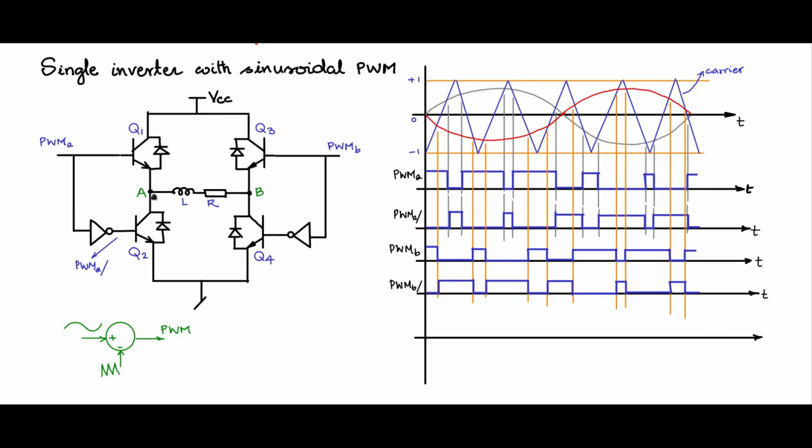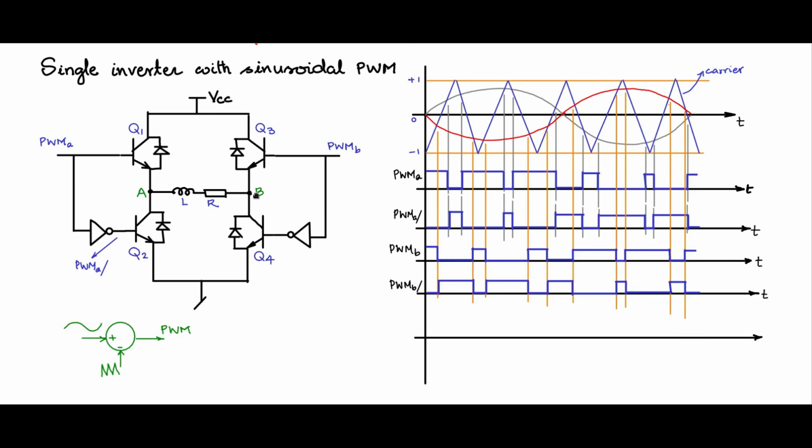If you look at the potential at A, if Q1 is on, this is VCC connected here. If Q2 is on, A is connected to ground. So this potential VA with respect to ground swings VCC to 0. Which will be something like the PWM waveform itself, but only the amplitude will be VCC.